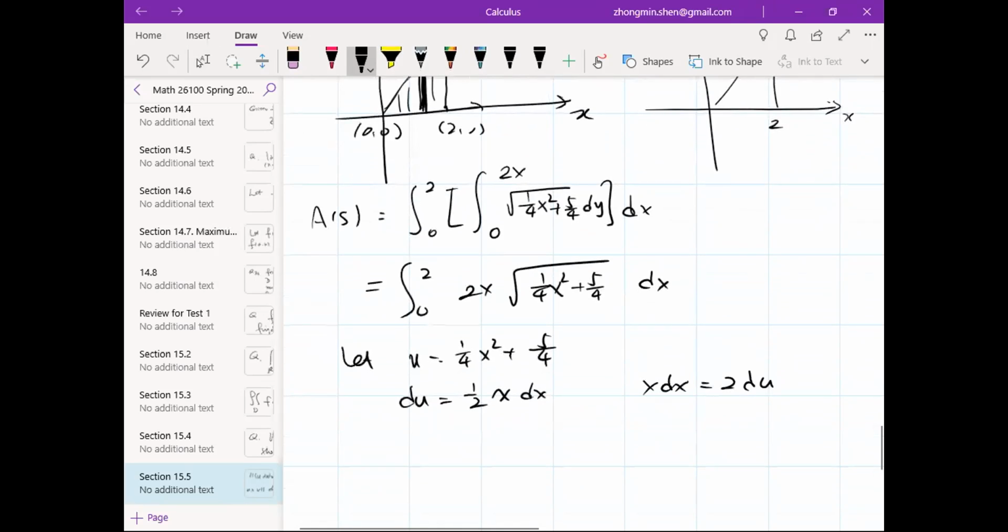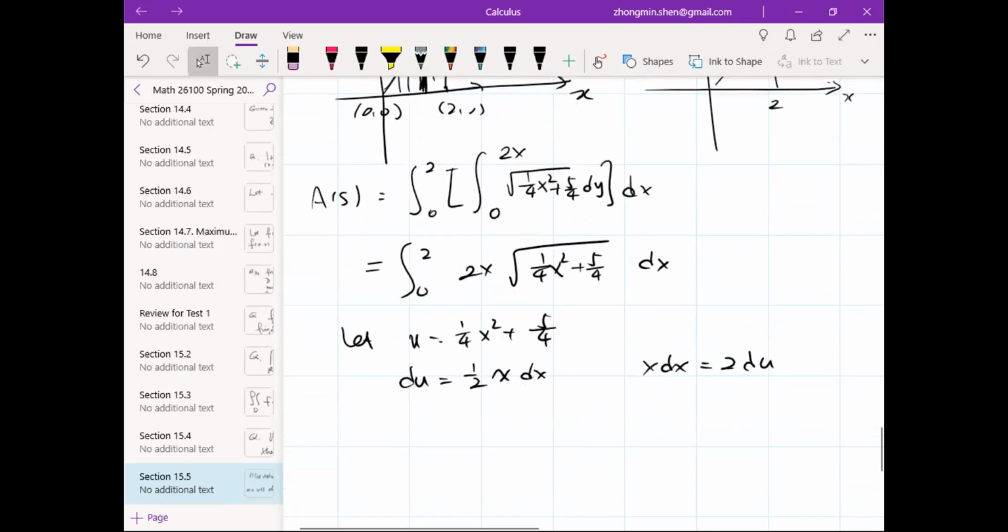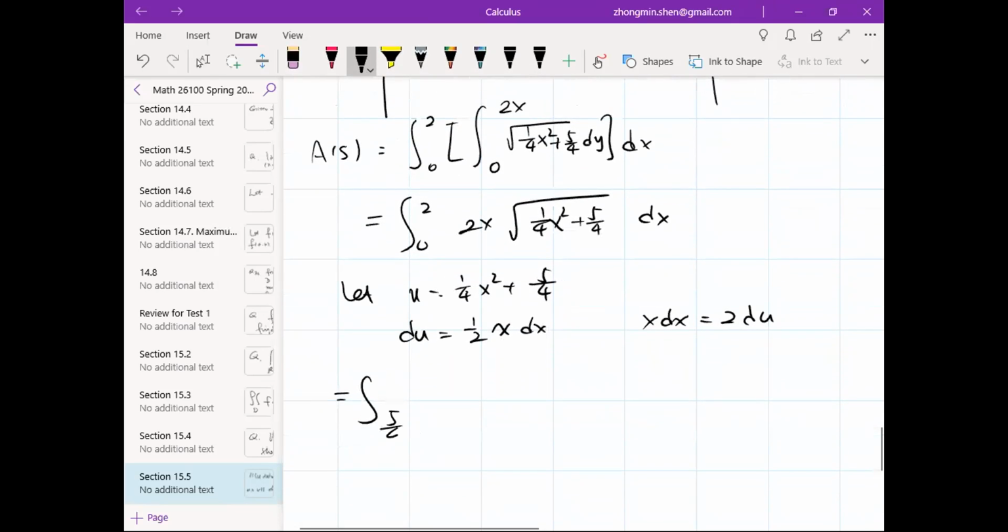We also have to figure out the lower bound and the upper bound, right? When x equals 0, the u value is 5/4. When x equals 2, it's 4 plus 5, which is 9/4, right?